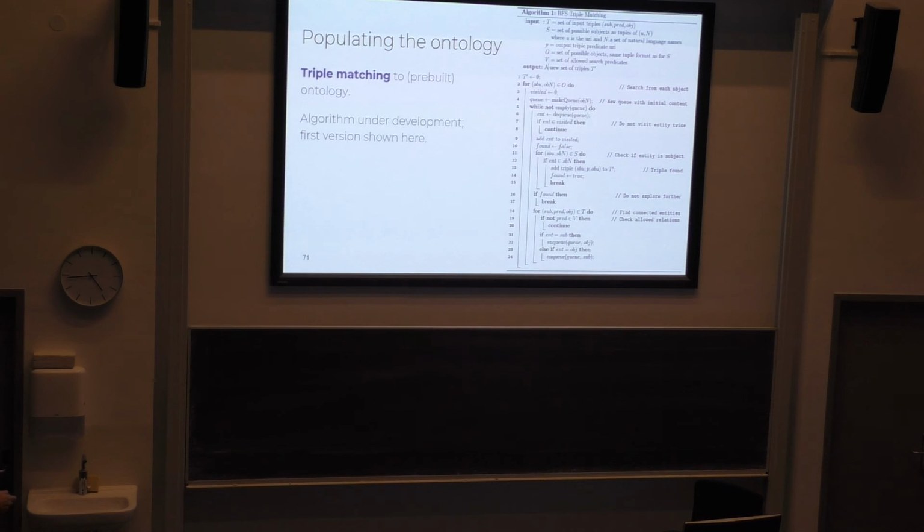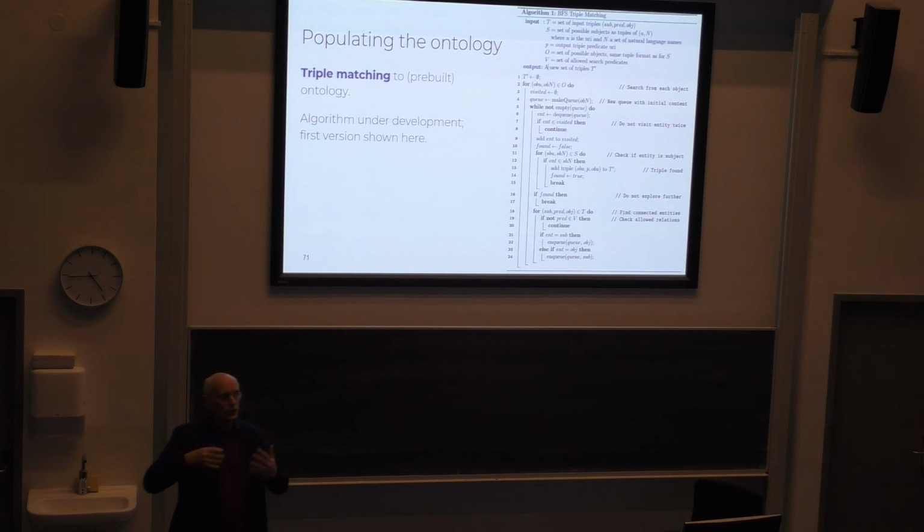Then this is the graph algorithm that I especially showed for Hans, of course. This is a breadth-first triple matching.